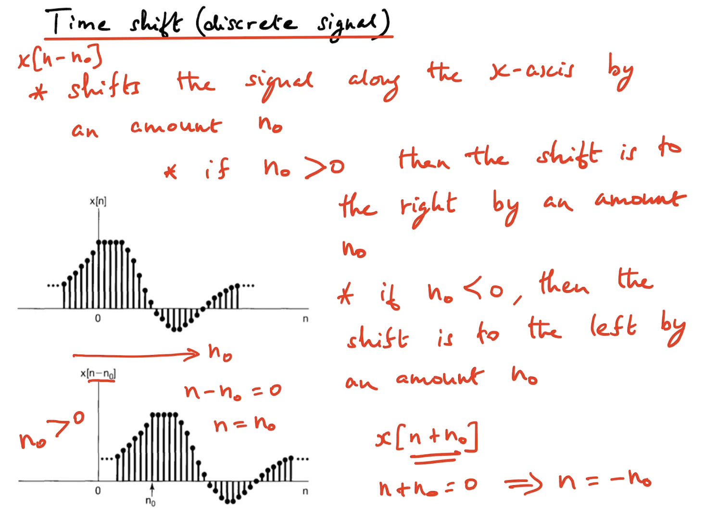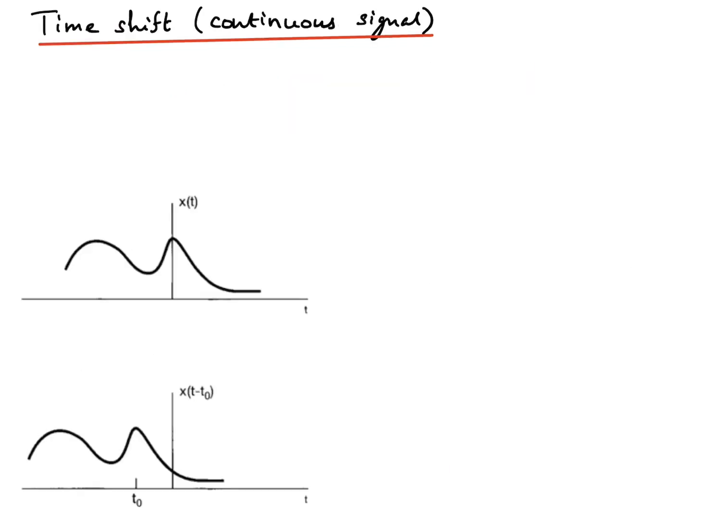Okay, so we have seen the time shift transformation for the discrete signal. Let us have a look at it for the continuous time case as well. So we have here a signal x of t and a shifted version here. Now you notice the wave shape is the same here as what is on the top, except that it has been shifted to the left by a certain amount.